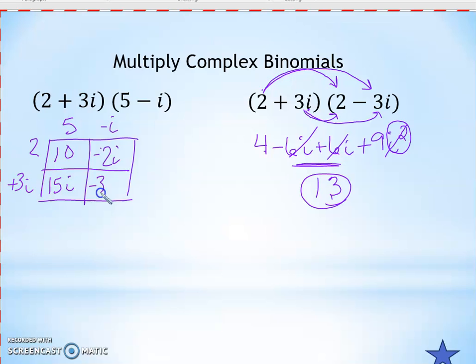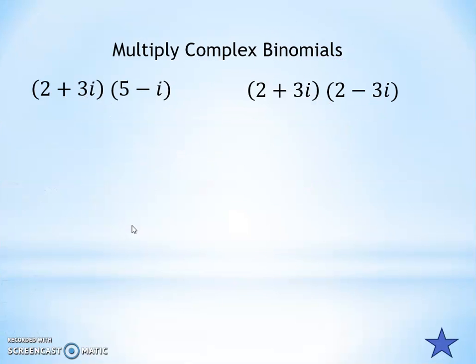So if I have this, the i squared goes away, and that changes sign. Okay? So here we can add these 2 together. That gives us 13. We can add these 2 together, and that gives us positive 13i. Okay? So, good luck.